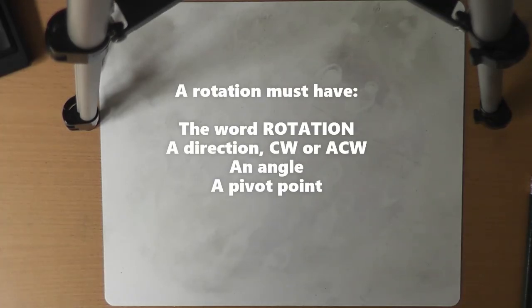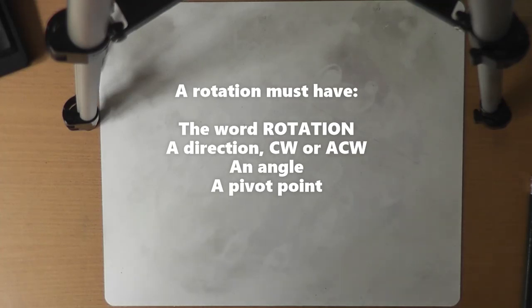If you look at the pair of shapes and you feel that one is rotated in some way, it's turned on its side or it's upside down, but it's not mirrored. They're not at the same kind of level in space. Then you must give the word rotation, a direction either clockwise or anti-clockwise, an angle such as 90 degrees or 180 degrees, and you must give the pivot point, the center of rotation.